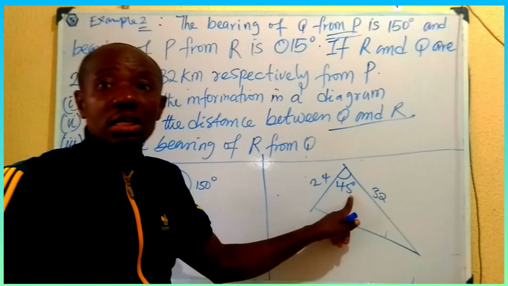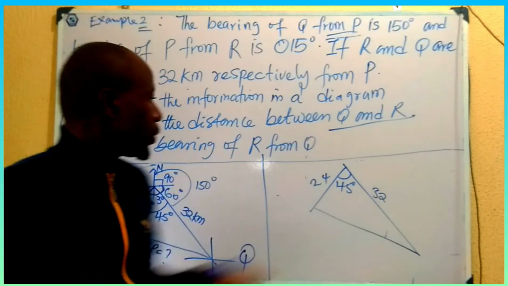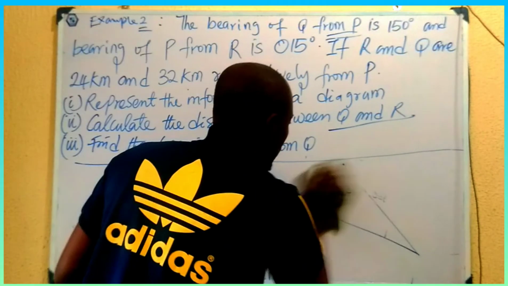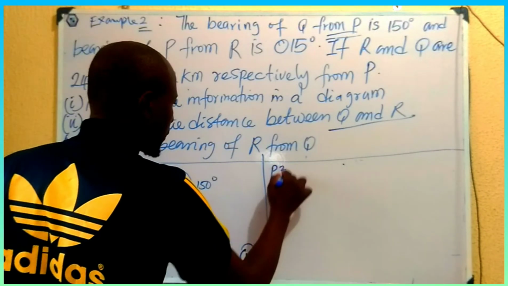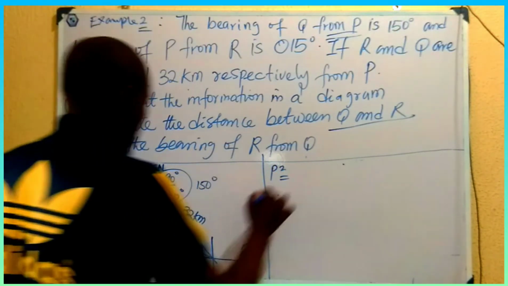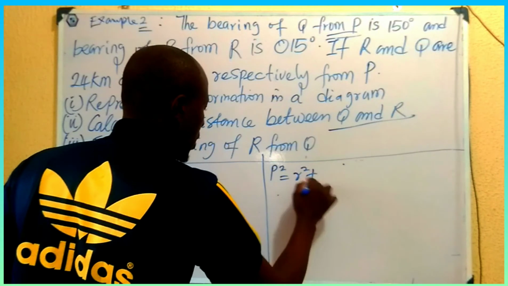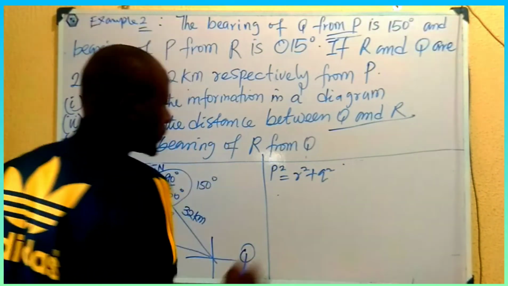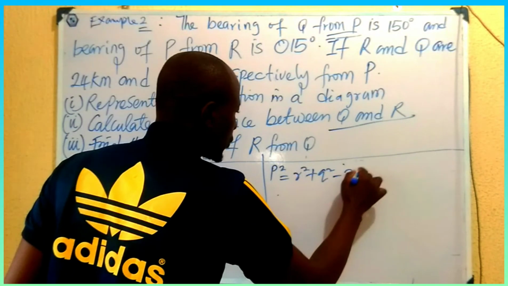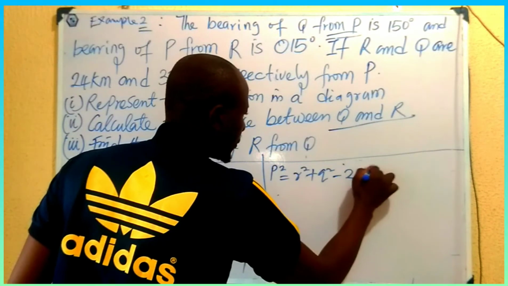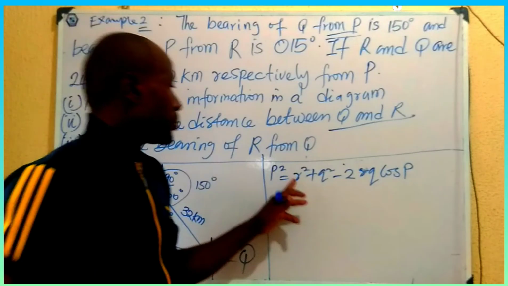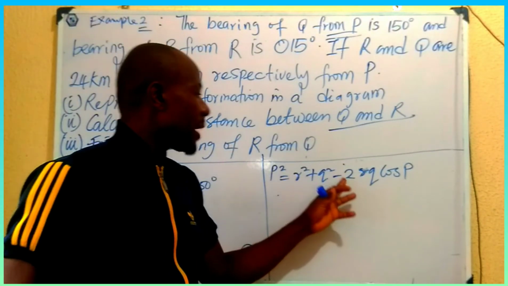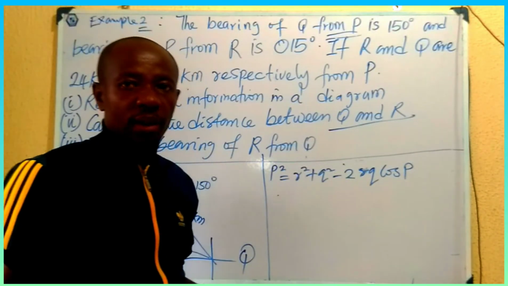So this is the cosine rule. We are going to use the cosine rule, saying that p squared is equal to r squared plus q squared minus 2rq cos P. You can say q squared plus r squared minus 2qr. No problem. It's still the same thing, right?